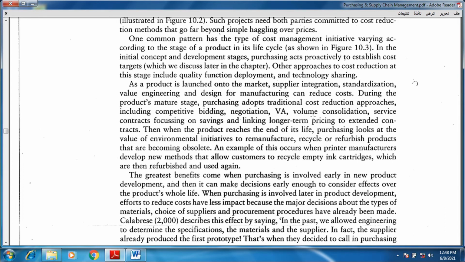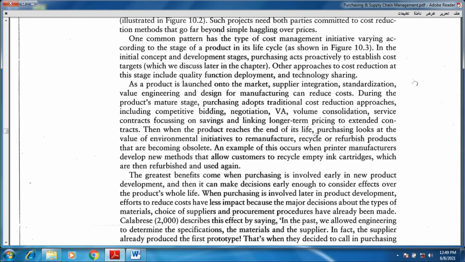We can make some volume consolidation, so when we purchase more, we can get a discount on the price. Think about service contracts, focusing on savings in the long term. Say I'm giving a contract to an information technology company. Because it's long term and we have multiple services, we get a special discount or package. Some of these services are free for the organization.